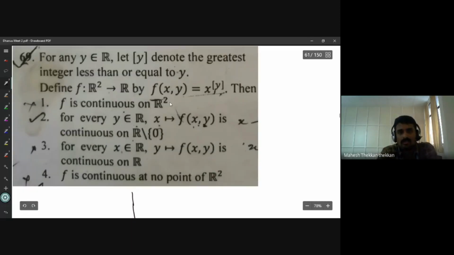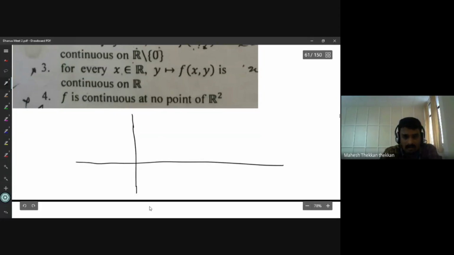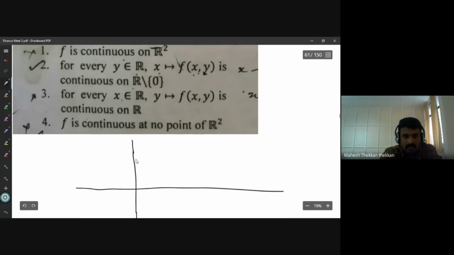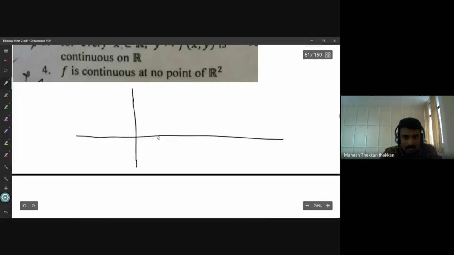So your function is f(x, y) = x power integer part of y. First I will look at some interval. This is the point 0 and this is 1. What about the function value in this region?